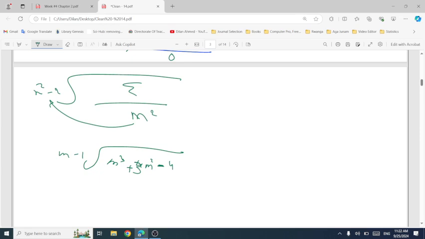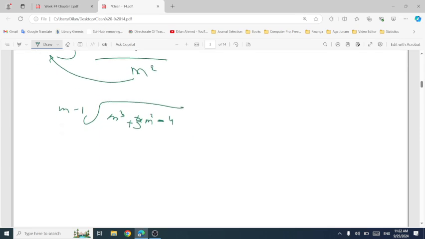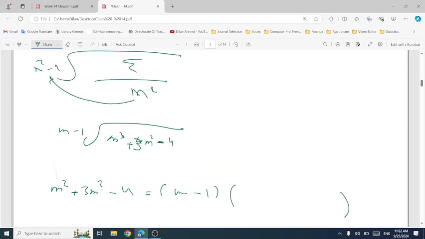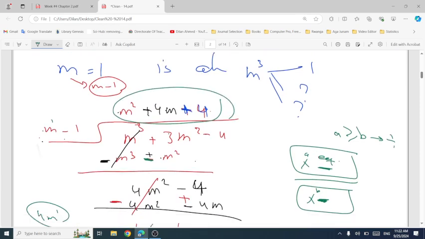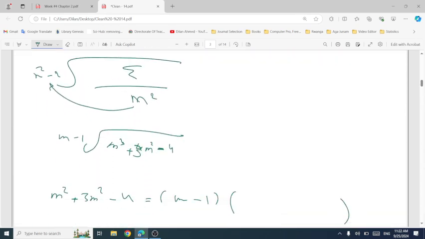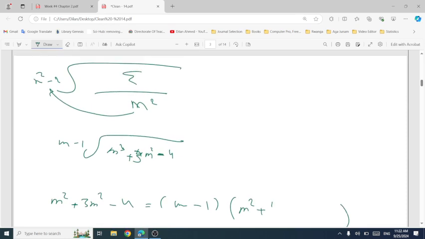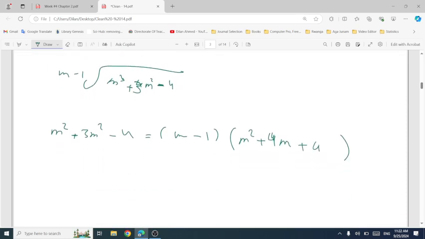That means m cube plus 3m squared minus 4 divided by m minus 1 gives m squared plus 4m plus 4. You got it, guys?